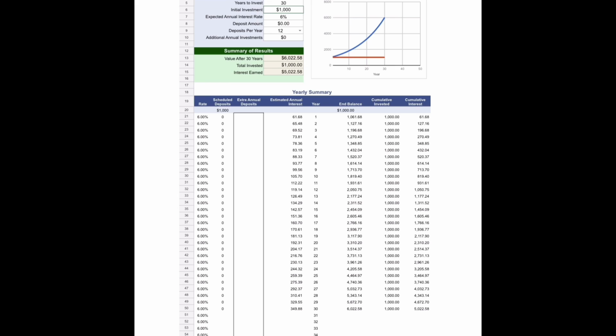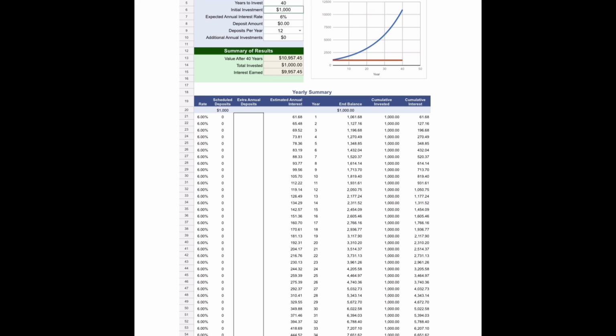As you can see, after 20 years, the account value was roughly $3,300. After 30 years, now you're looking at over $6,000. And after 40 years, almost $11,000. So that $1,000 initial investment has almost grown 1,000% over the course of those 40 years.